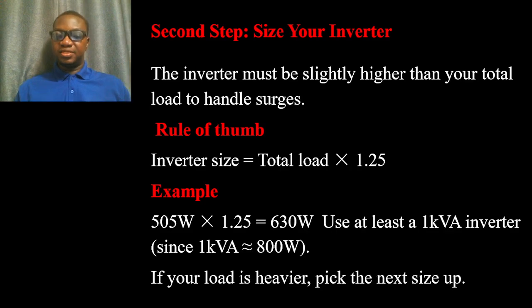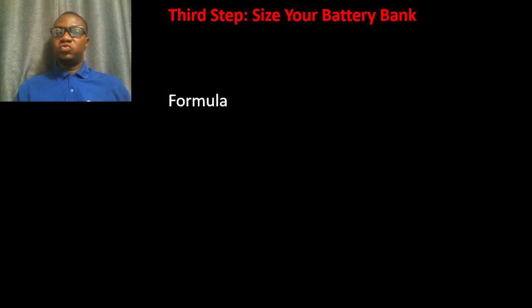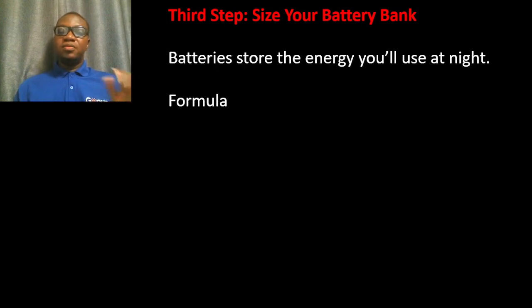So the next thing that we want to do is your battery, the size of your battery bank. Batteries store your power, the power that is gotten from the solar panel during the day, especially when you are not using some appliances in the day. Those energy are stored in the battery, so you need the right amount of battery for you to efficiently power a system through the night.